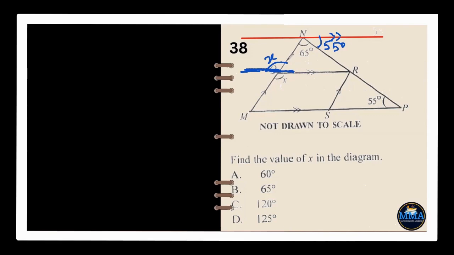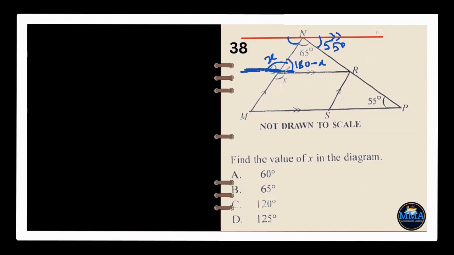Now, let's see another thing we can get. We can get an angle inside. In fact, if we look at it, yes, 180 minus X, which is also going to give us this angle here.